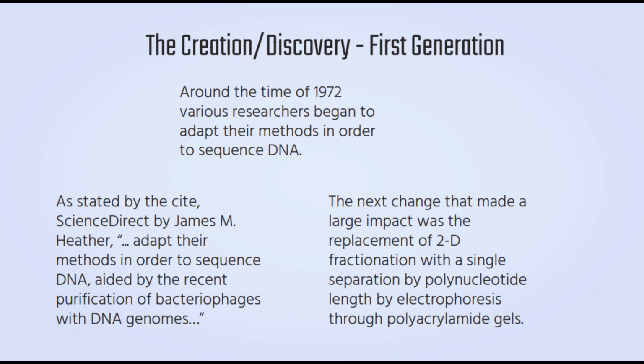In the first aspects of developing and adapting their methods, those methods were aided by the recent purification of bacteriophages with DNA genomes. The next large change that made a large impact was the replacement of 2D fractionation with a single separation by polynucleotide length by electrophoresis through polyacrylamide gels.